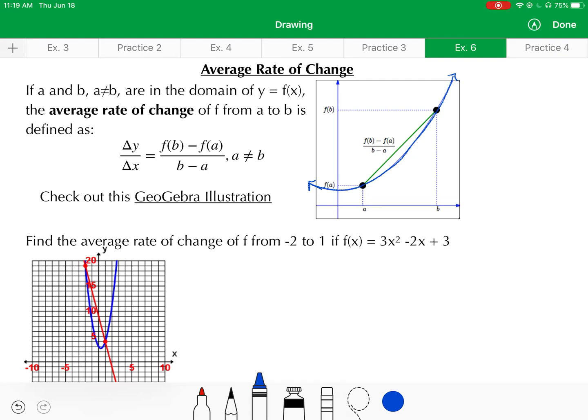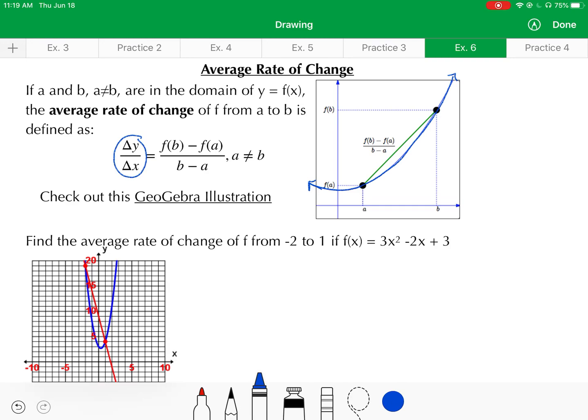All right. Now, first of all, notice notation here. Average rate of change is given by this notation, delta y over delta x. And anytime you see a delta in mathematics, that typically represents the concept of change. So delta y is like the change of y, delta x is the change of x.